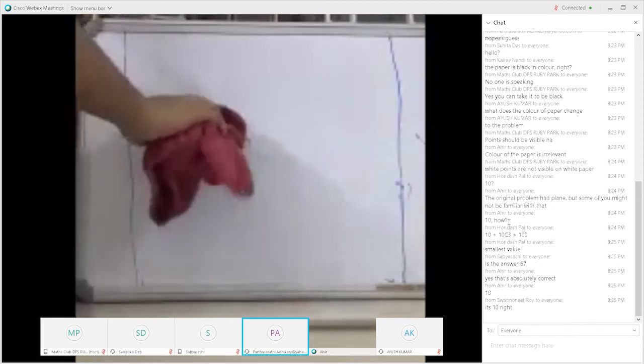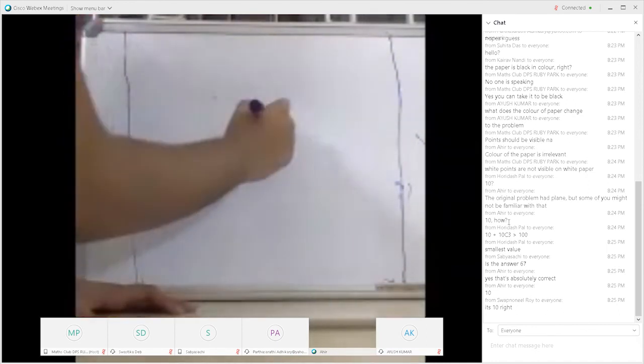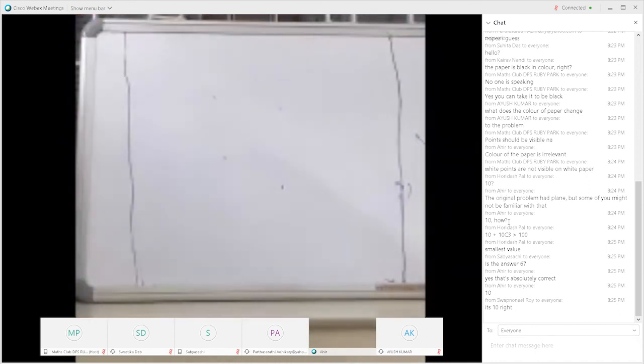Okay, we don't need the whiteboard marks for this problem actually. So suppose you have n white points in the plane, on the paper.